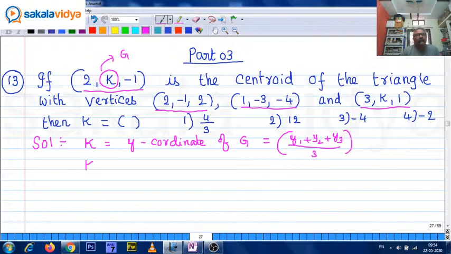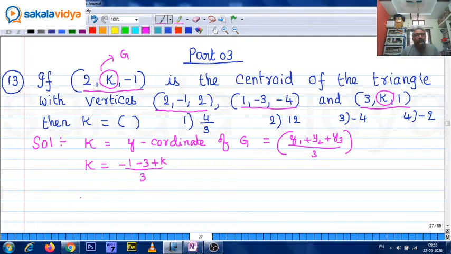Therefore k equals minus 1 plus minus 3 plus k, by 3.